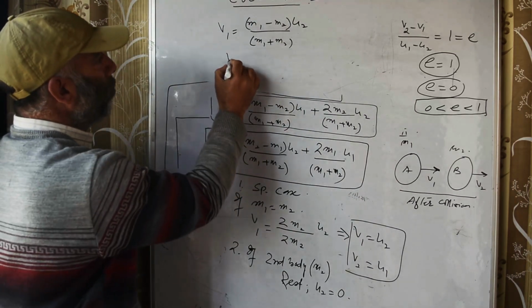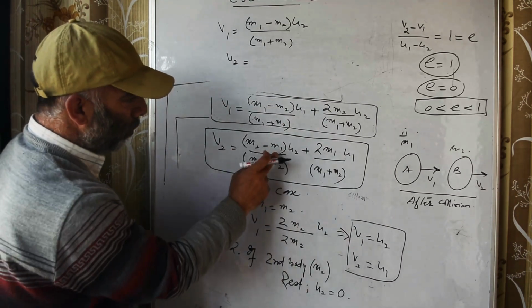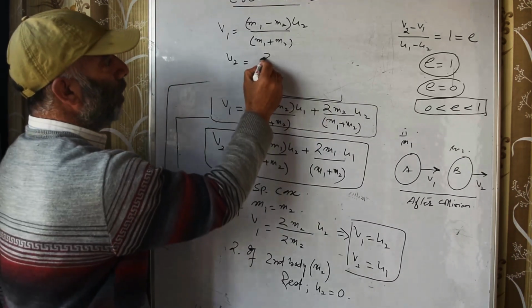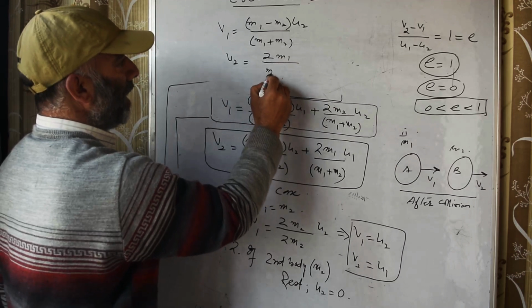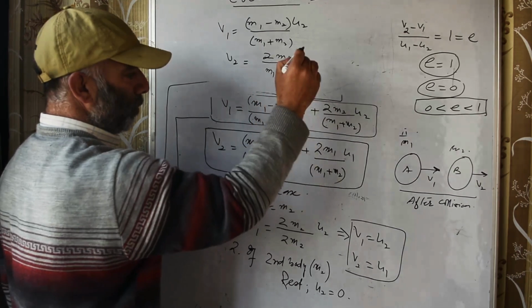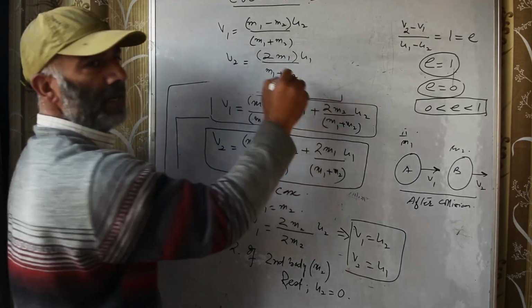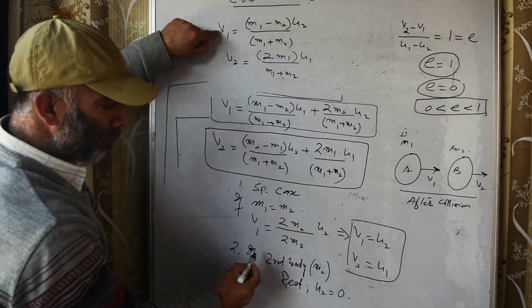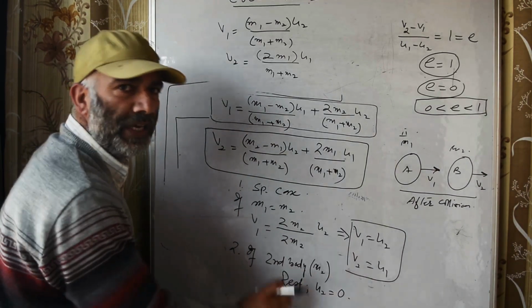Similarly, V2 will be equal to, since U2 is equal to 0 and the second body is at rest, 2 times M1 divided by M1 plus M2 into U1. Yeah, these are the special cases. So we are discussing the special case where the second body, which has mass M2, is at rest.